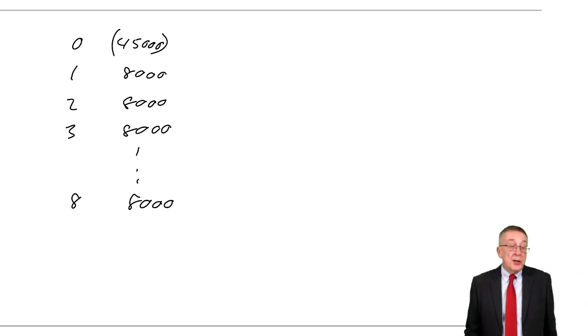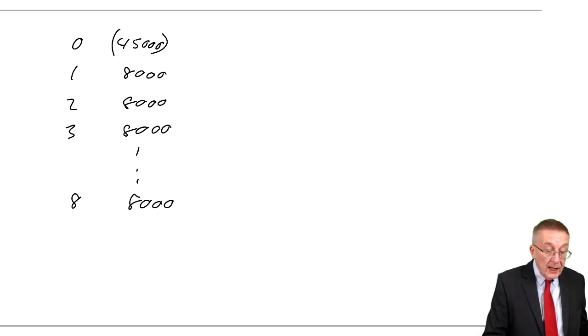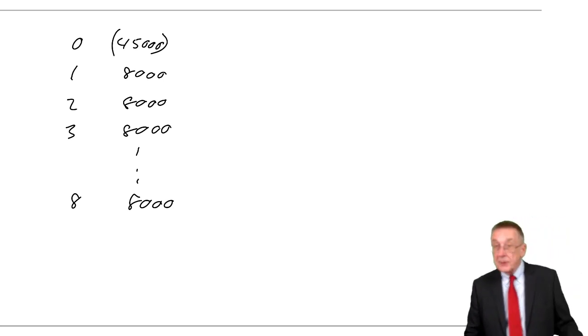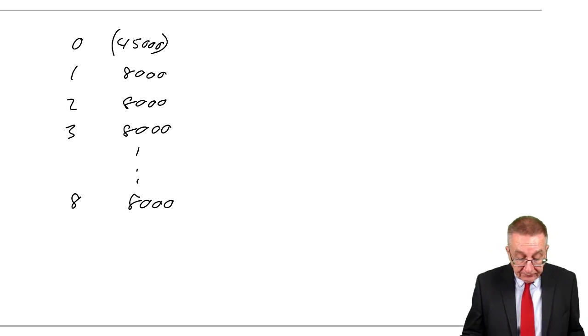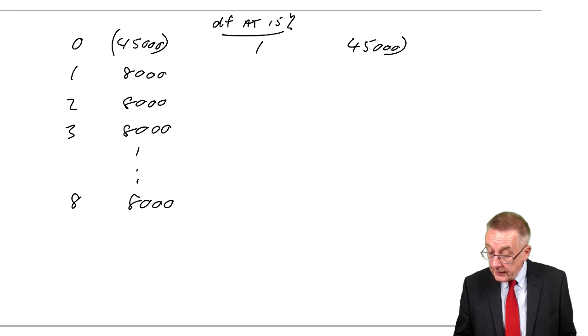And just like before, you could use the tables and discount each flow individually. So, if I can find my present value tables, here the cost of capital is 15%, so the discount factors at 15%. 45,000 is 45,000.